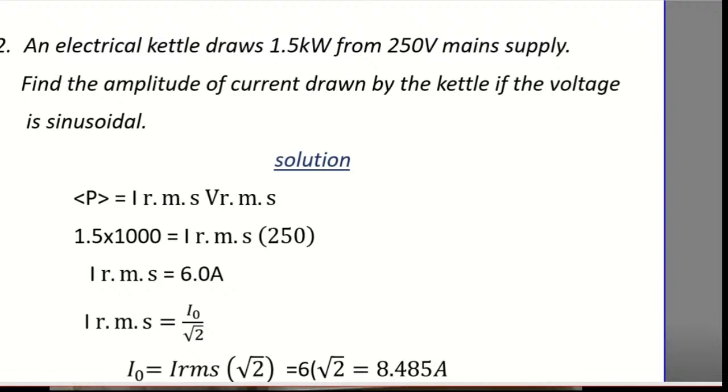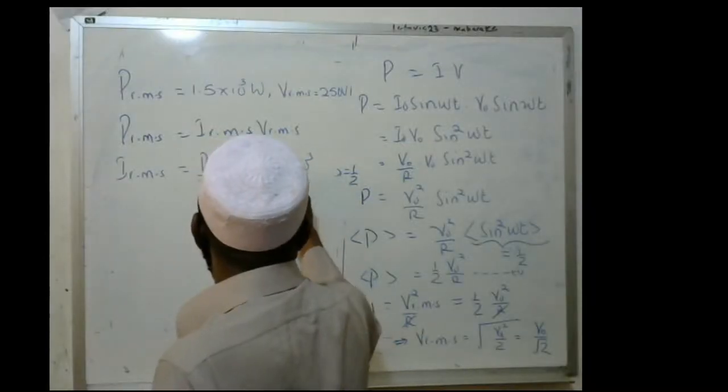From here we are saying PRMS is equal to IRMS times VRMS, implying that IRMS is going to be P over VRMS, which is equal to 1.5 times 10 to the 3 divided by 250.